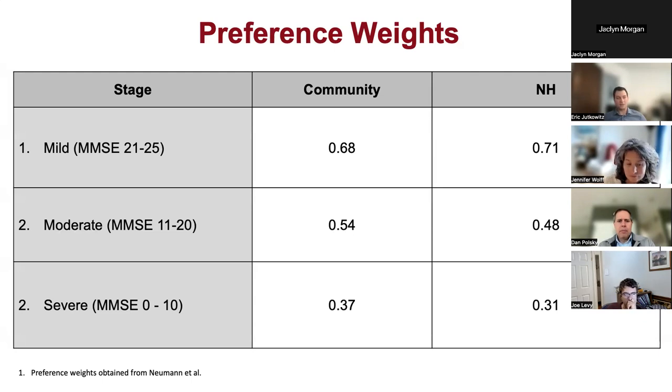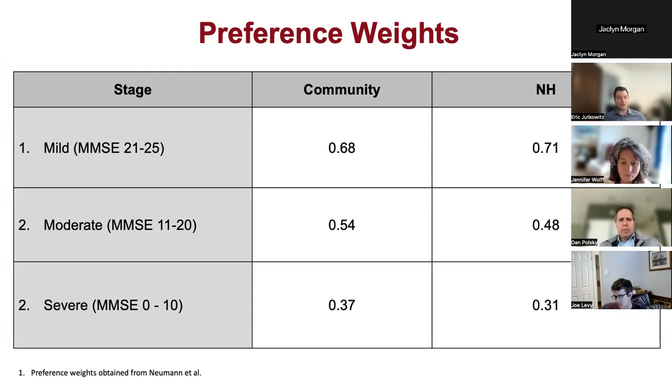There are a couple of different ways to obtain these weights, but one way people do it is with what are called standard gamble type questions, where they ask people to make trade-offs between different scenarios that describe health. There's risk involved, and there's a whole methodology behind it.